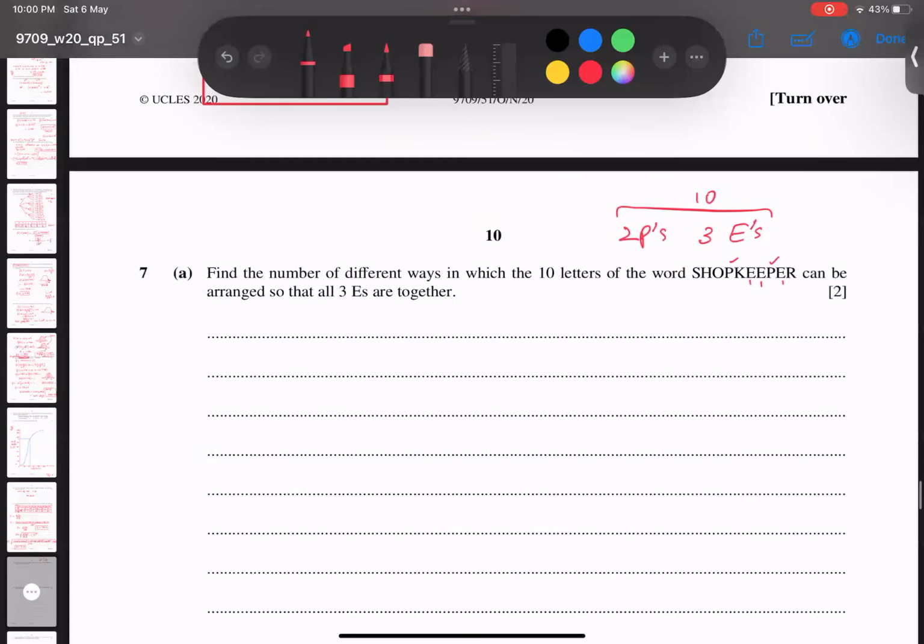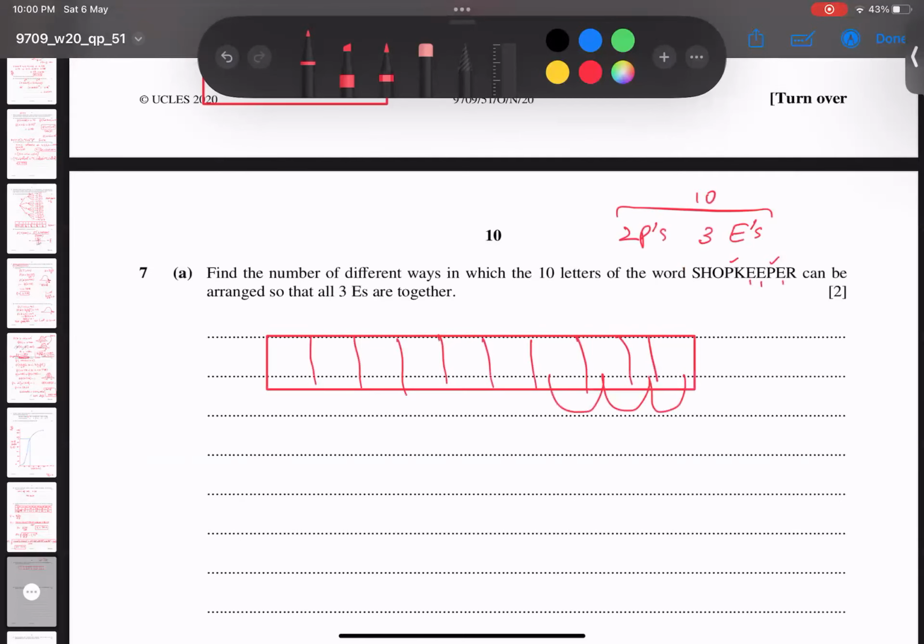Okay, students, let's start. He said all three E's are together. So 10 letters, 1, 2, 3, 4, 5, 6, 7, 8, 9, 10. Three E's are together, so I take the E's here as one unit.